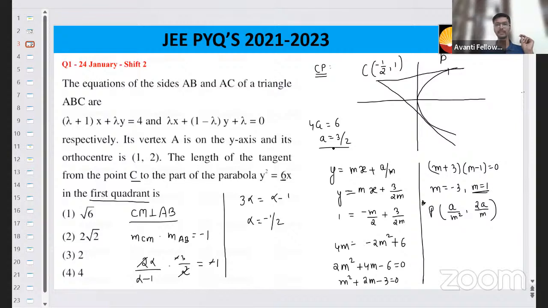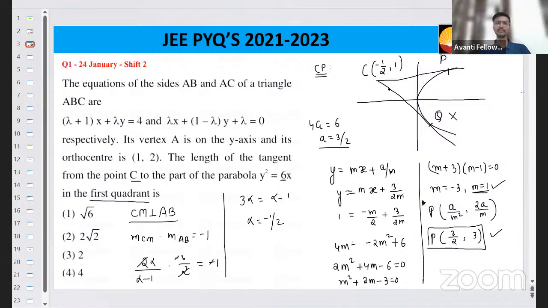So the coordinates of point P are 3 by 2, comma 2 into 3 by 2, which is 3. Now see, this point P lies in the first quadrant. That means our value of m equals 1 was correct. If we use m equals minus 3, we'll get point Q, which lies in the fourth quadrant, which we do not want. We want point P, which lies in the first quadrant.